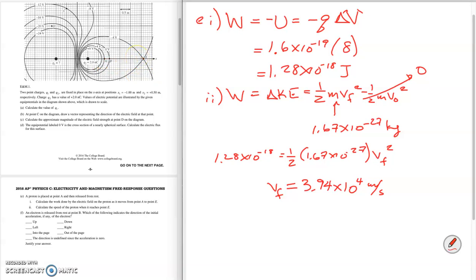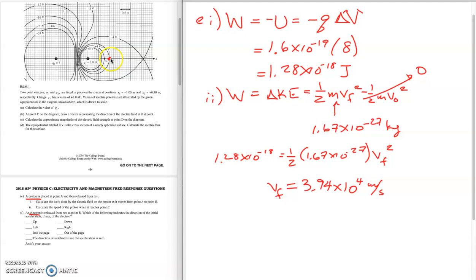All right, part F. Now, instead of a proton, you need to keep in mind here, part E was about a proton. Part F is about an electron. And the electron we're going to put at point B. Well, if the proton naturally will move from A to E when we let it go, the electron is going to move in the opposite direction.